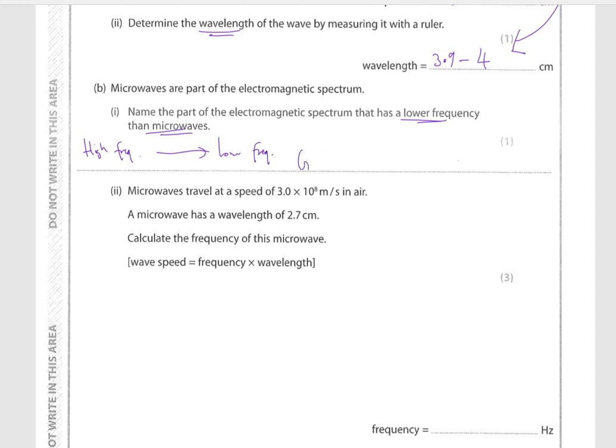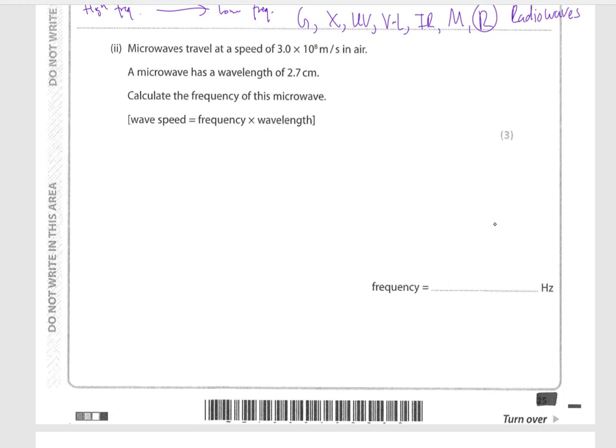What we have is gamma, X-ray, UV, visible light, infrared radiation, microwave, radio wave. We start from the high frequency, which is gamma, and the lowest frequency is radio wave. So therefore the answer is radio waves.